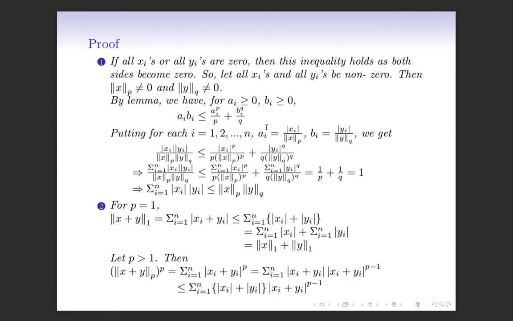Here, multiplying, we are writing ai bi, and this is less than or equal to ai to the power p, meaning mod of xi whole to the power p divided by norm p of x whole to the power p, and we have here 1 by p, plus we write bi to the power q divided by q, and so we have mod of yi whole to the power q divided by q into norm q of y whole to the power q.